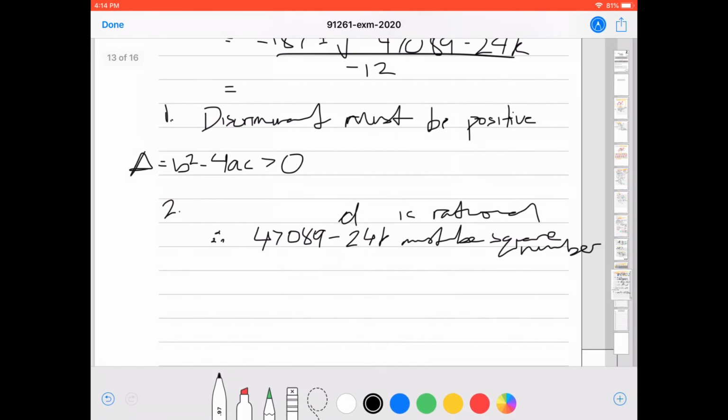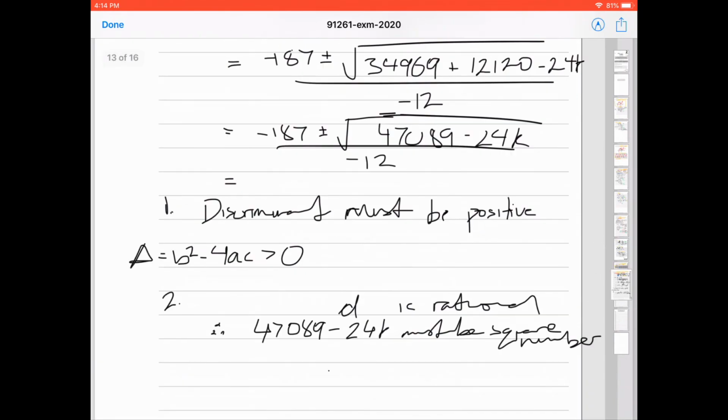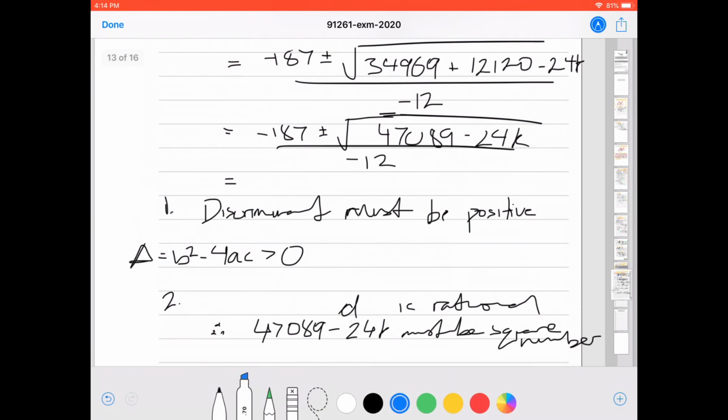Well, if we are square rooting a square number, you come out with just an integer, so a whole number. And if we want D to be rational, we have to be working with whole numbers throughout our final equation here. Okay? So those are two of our conditions.